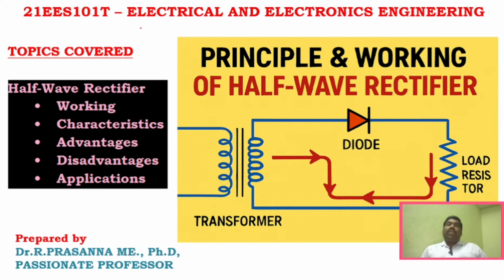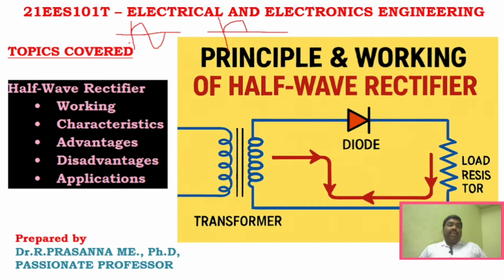First, you have to understand what is a rectifier. So rectifier is an electronic device which converts an AC current to a DC current, or an AC voltage to a pulsating DC.